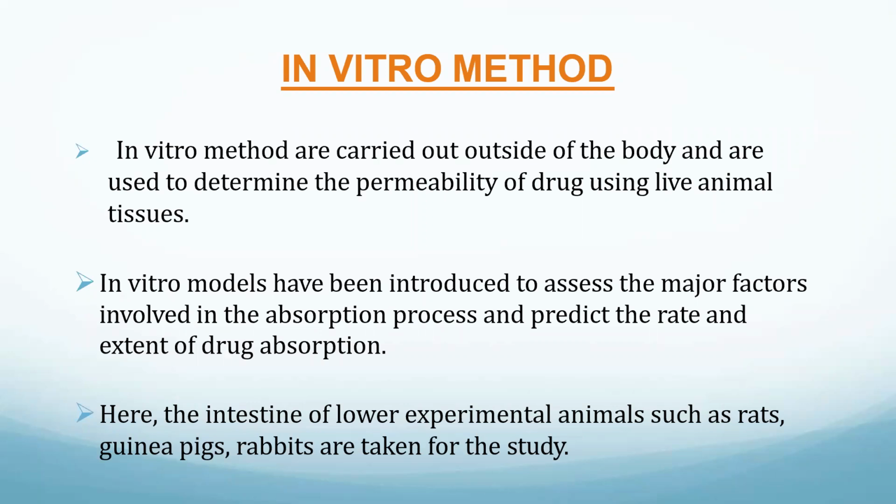For conducting in vitro studies, we are using live animal tissues, since we are checking permeability. Previously, we discussed in vitro dissolution methods, the non-sync and sync methods in the previous class. Here we are using in vitro methods, and for that purpose we are using live animal tissues.